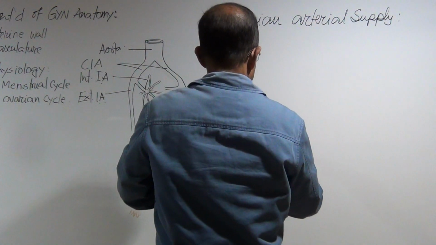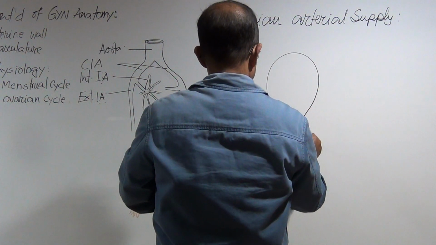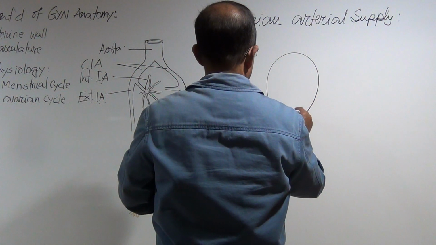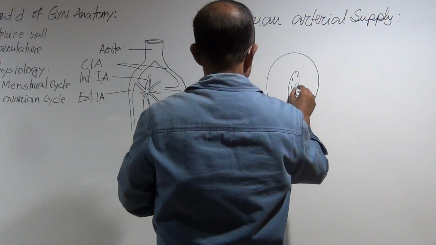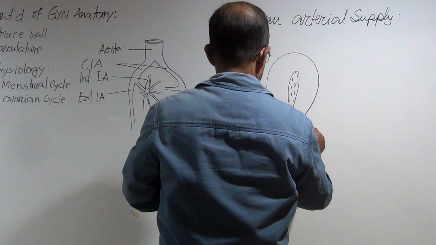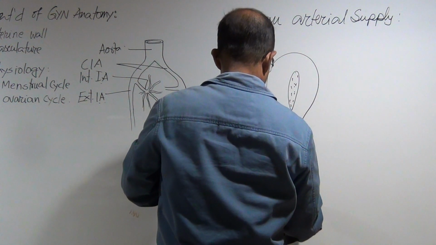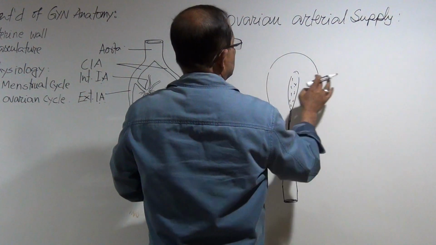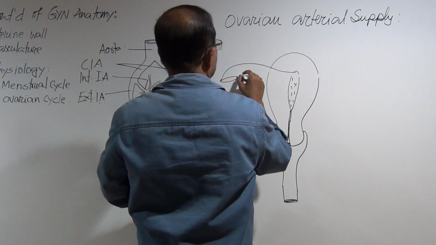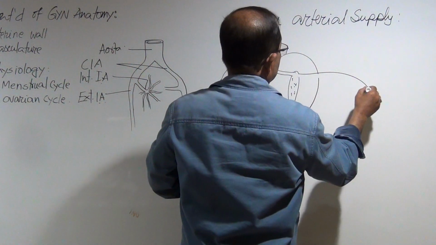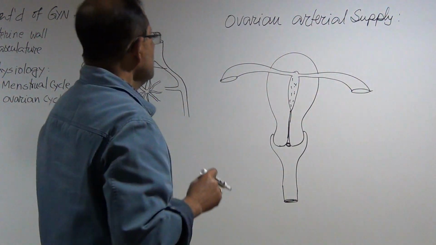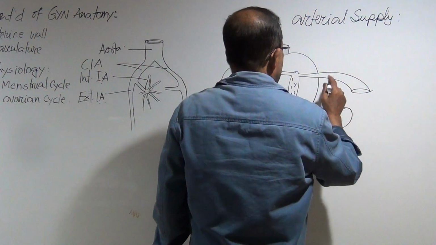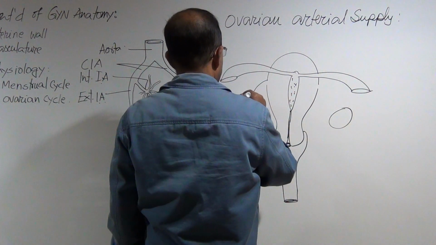If I draw the uterus again, the ovaries are here, and as we know, the ovary is supported by the ovarian ligament.